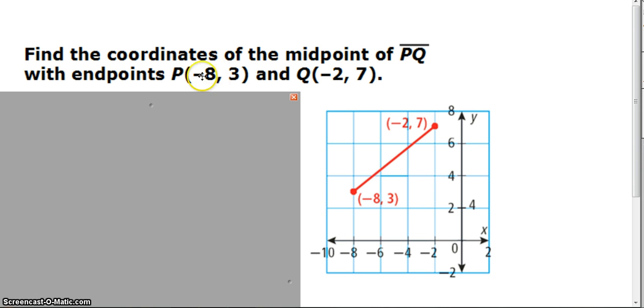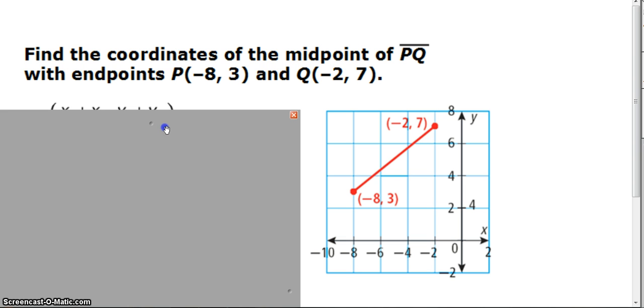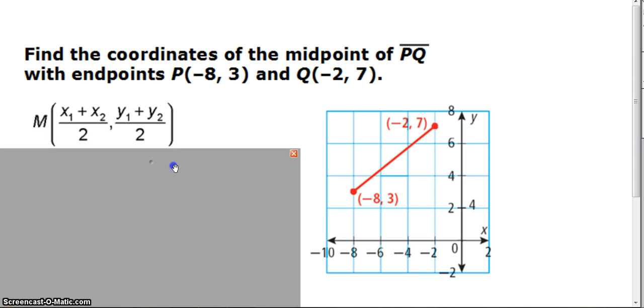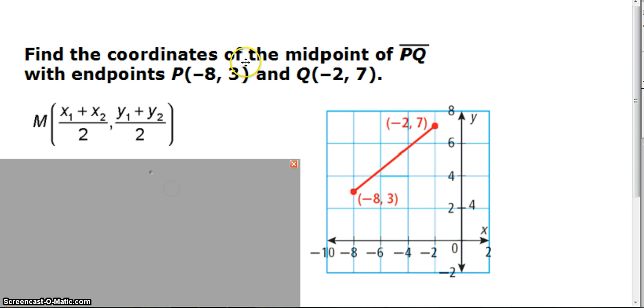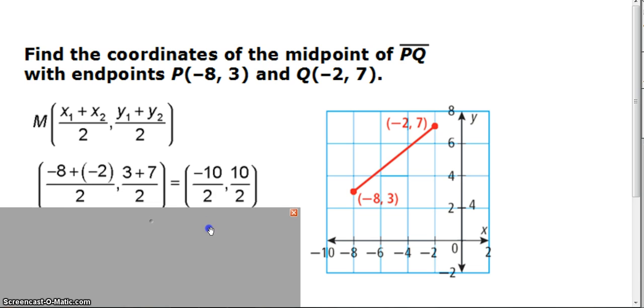So the x coordinates for P and Q are -8 and -2, and when we add those, what do you get? Yeah, -10, and -10 divided by 2 is -5. Simple math. When we add the y coordinates, 3 plus 7 is a +10, and so divide that by 2, and we end up with a +5.